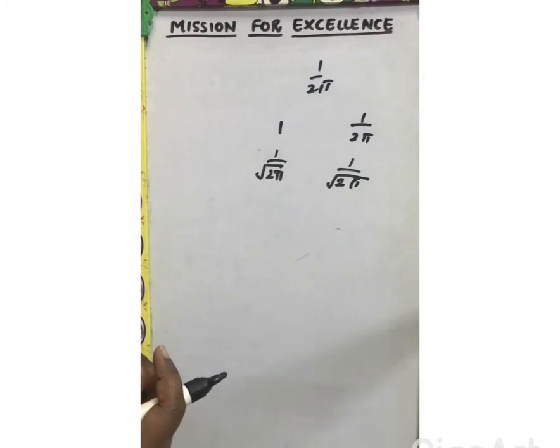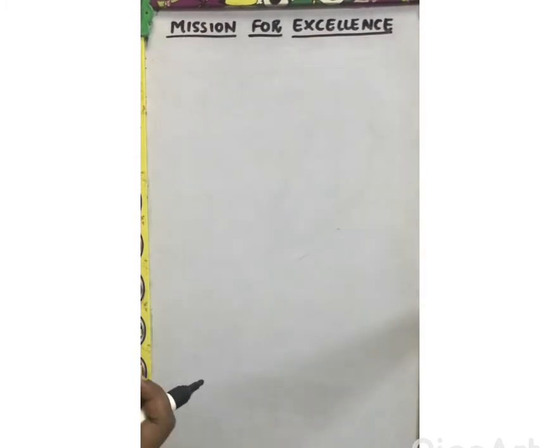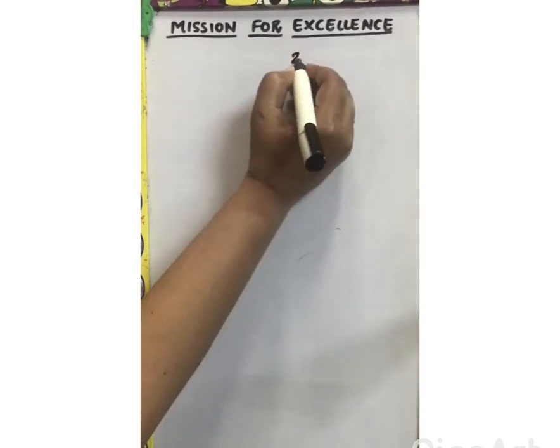Similarly, in case of sine and cosine transform, the product of the coefficients of the integral must be 2 by pi.